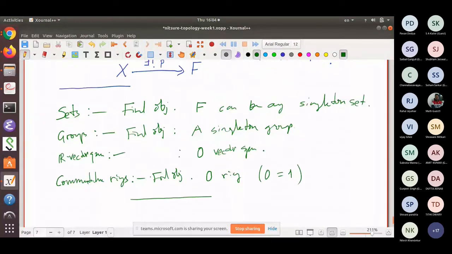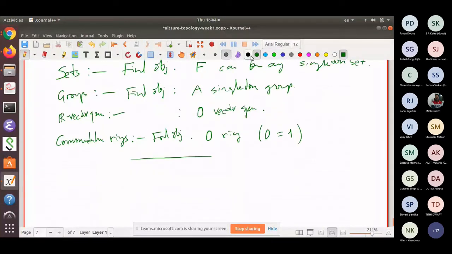Now I'm going to introduce the concept of initial object, which is the opposite concept. Initial object A in a category C. What's the definition?